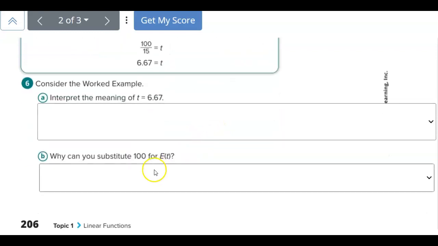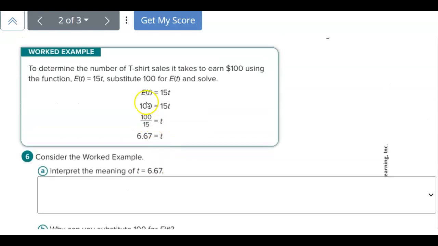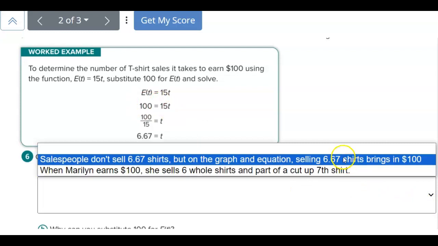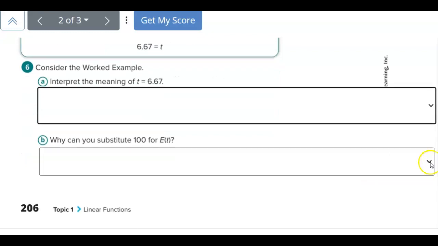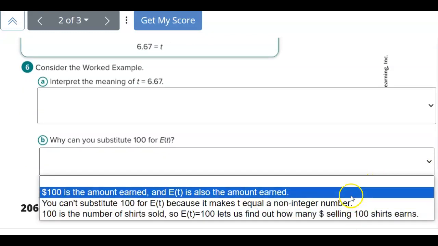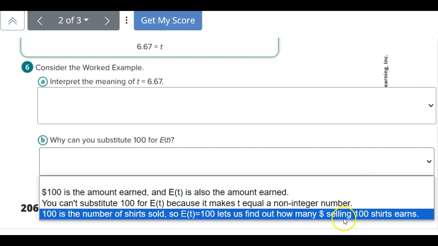And then also, why can we substitute 100 for e of t? What does the 100 represent here in this situation? And there are drop downs, so you can look at the two situations here and decide which is true. And you can look at your options here. Look at these 3 options and decide which is true.